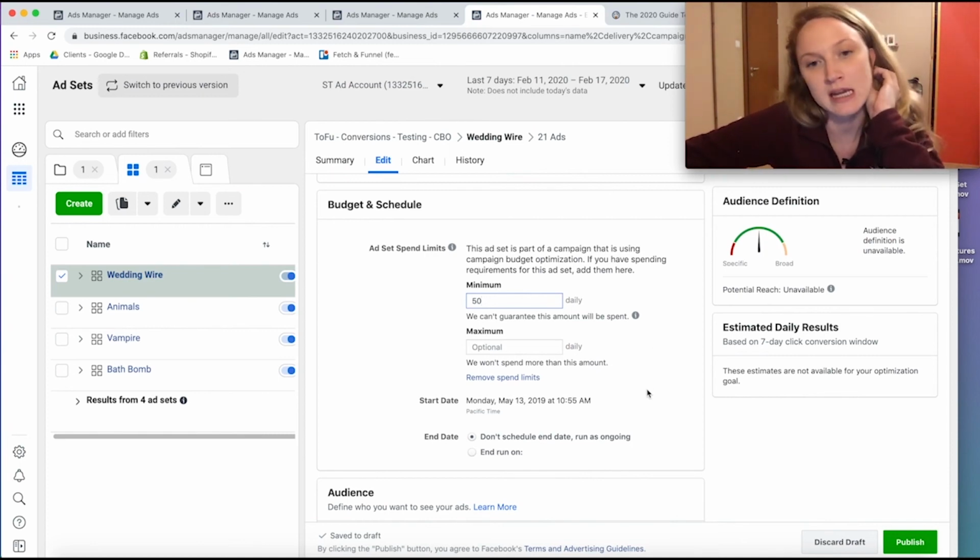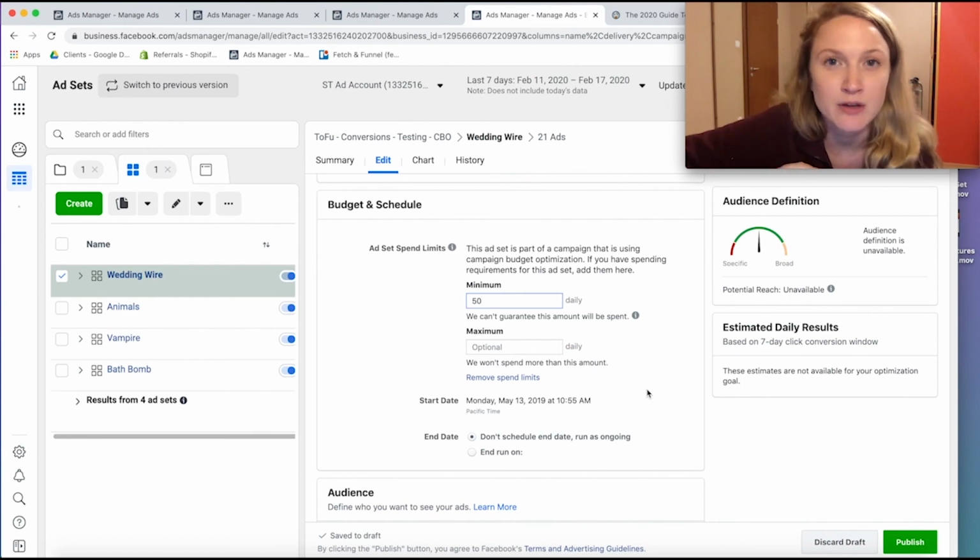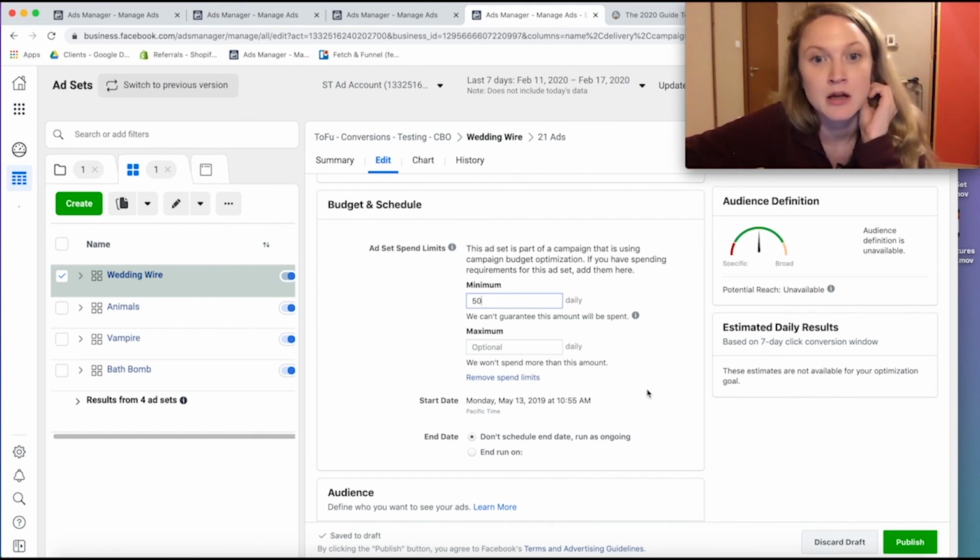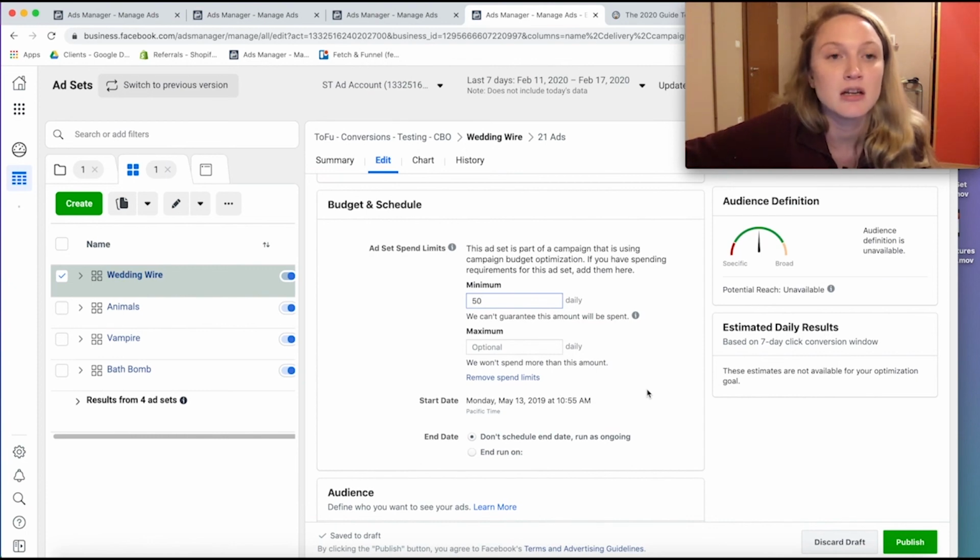What I would say here is that if you have a really small budget, I would make the minimum be something like 25, and if you have a bigger budget, test around the 50 to 100 per ad set area. But a lot of that is depending on your product and what kind of budget you have.